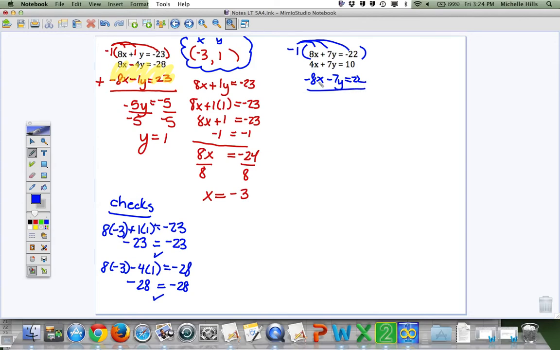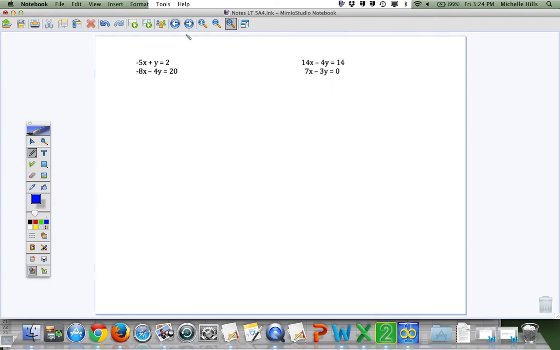Then I could add these two equations together. 4x plus negative 8x is negative 4x. Positive 7y plus negative 7y is 0, so I'm not going to write that down. And 10 plus 22 is 32. And I could continue and finish this problem if I needed to. You don't have to, just show that I could also eliminate y.